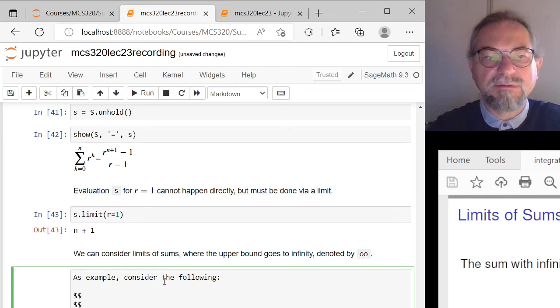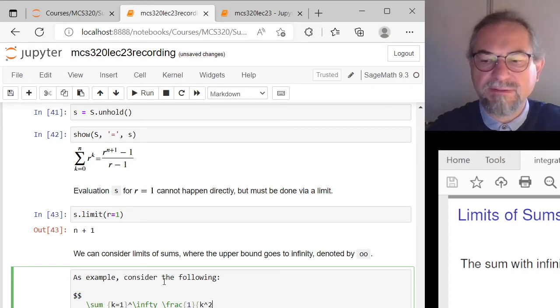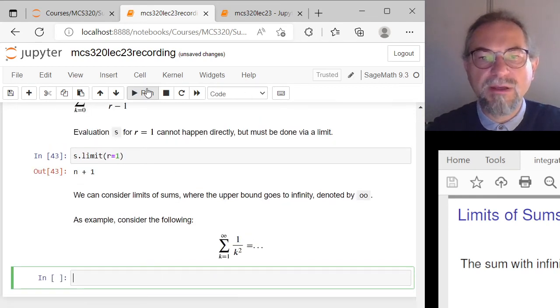So I can look at the sum, now again for k equals 1 to infinity of 1 over k squared. And that limit will be, just leave it a little bit open.